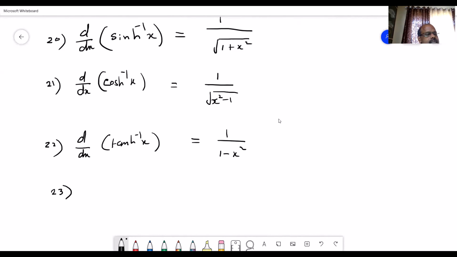Some similarities are there, so please note down the similarities. Dy by dx of cot h inverse x is equal to, here it was 1 minus x square, and here it will become minus 1 by x square minus 1.